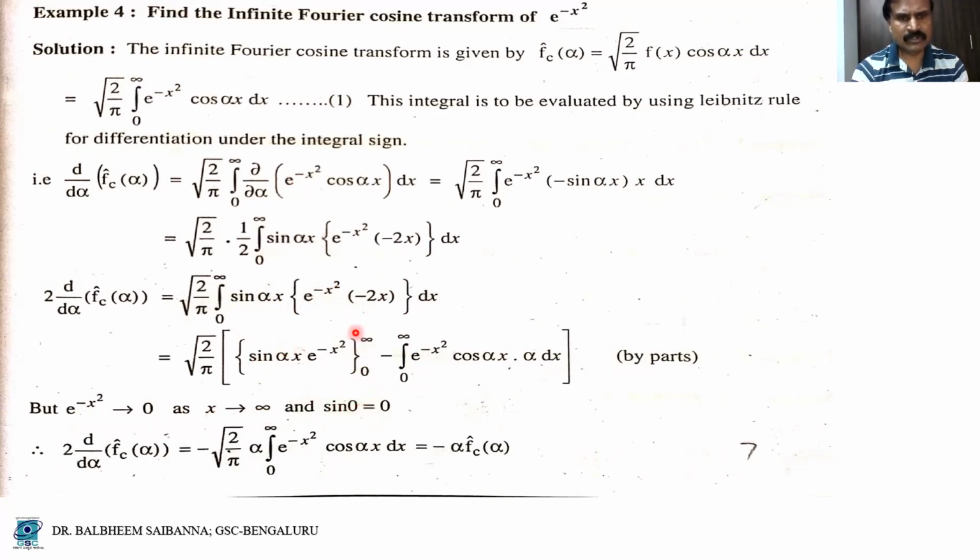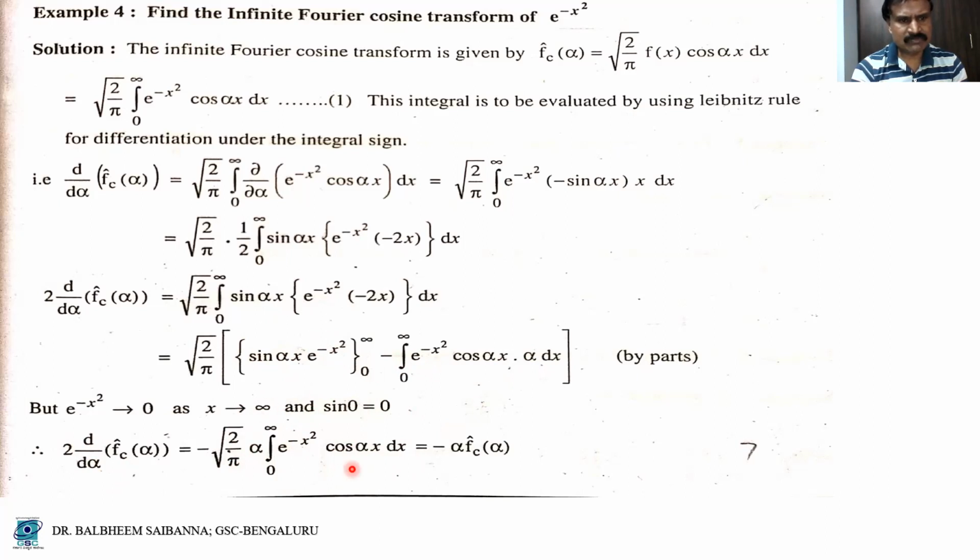So this boundary term is totally 0. Then 2 times d by d alpha of Fc cap alpha is minus root 2 by pi, this alpha you write outside the integral because x is the variable, integral 0 to infinity e to the power of minus x square cos alpha x dx.